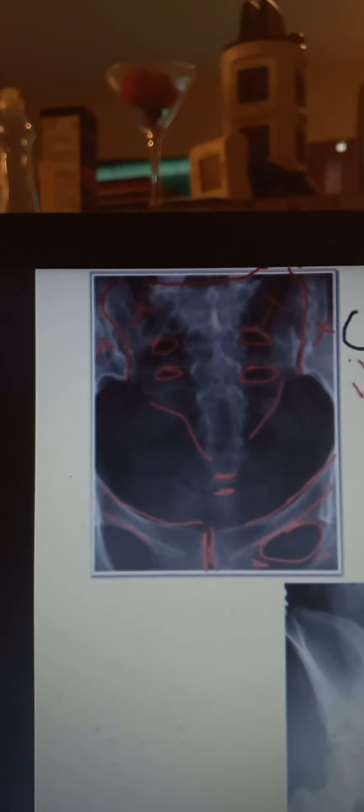These little projections protruding upward are your superior articular processes of the sacrum. Make sure that you're specific when identifying those, because there are superior articular processes on all of the vertebrae, cervical, thoracic, and lumbar. Coming down from there, you've got your SI joints again, here and here. Right down the middle is the median sacral crest.